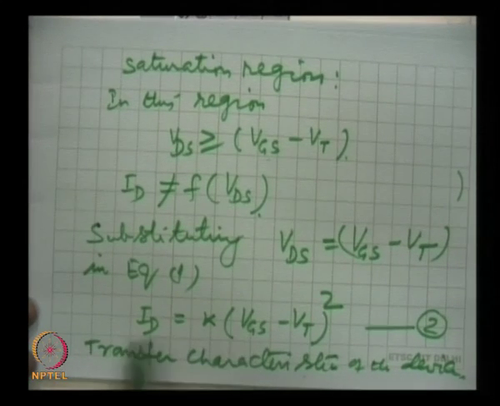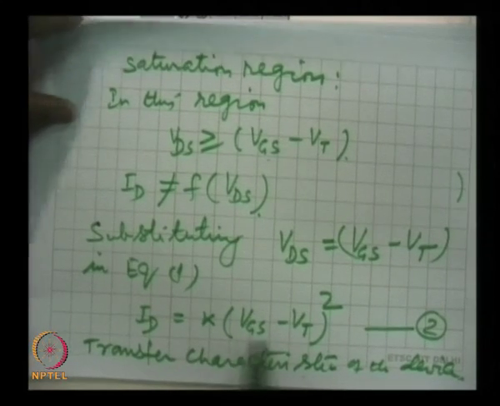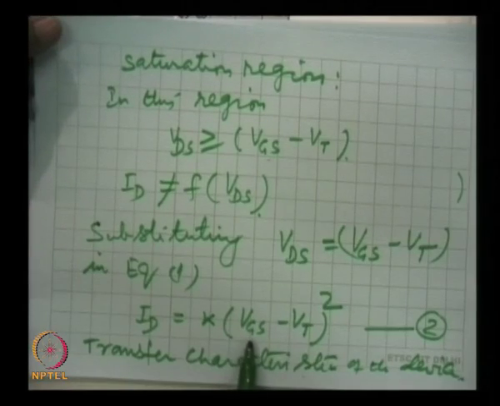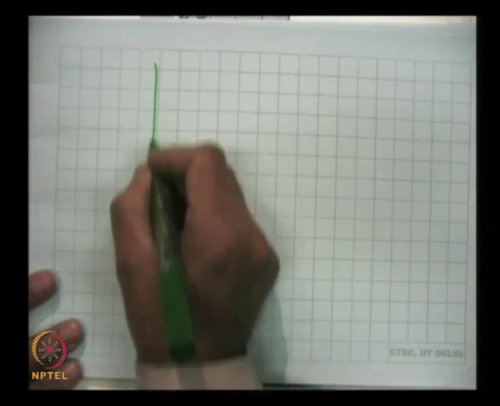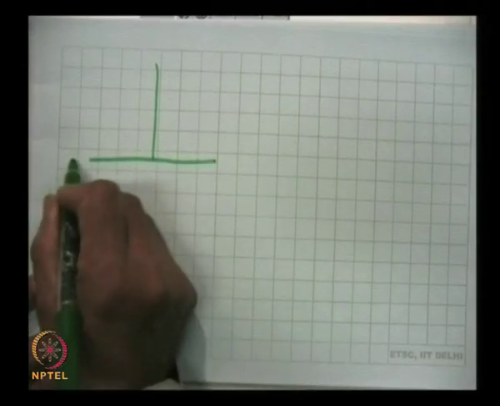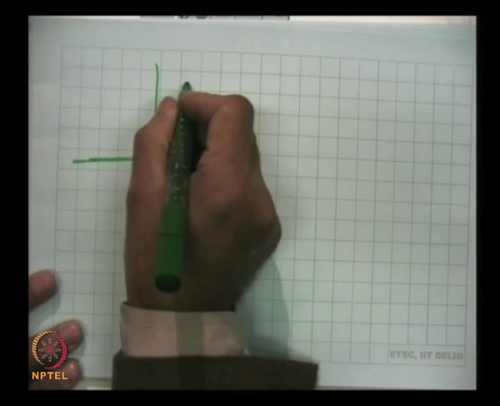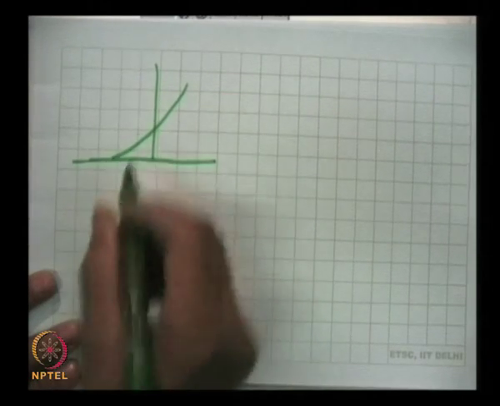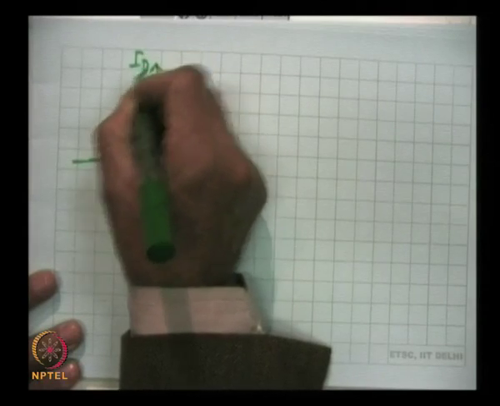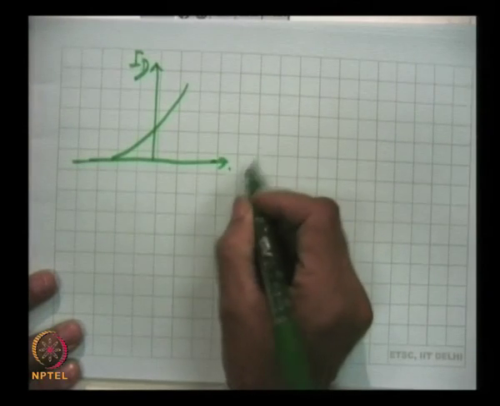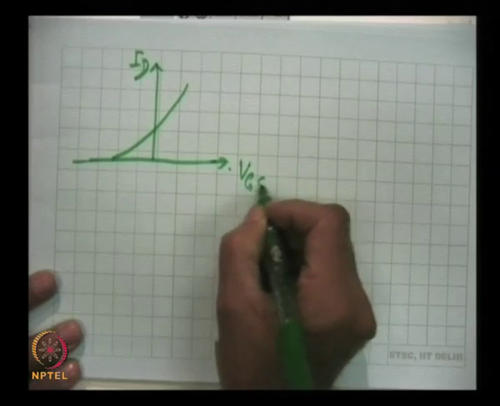We can plot ID from this equation, which is the equation of a parabola, and we can get the parabolic transfer characteristics for the device by taking different values of VGS and ID. The curve which we get, this is ID and this is VGS, the gate source voltage.